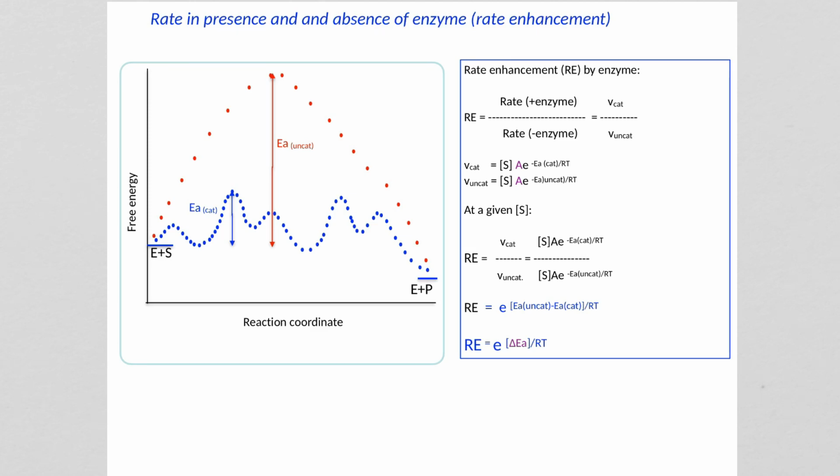So the rate enhancement is basically the velocity of the reaction that is catalyzed by an enzyme divided by the velocity of the reaction that is uncatalyzed by the enzyme, without the enzyme.